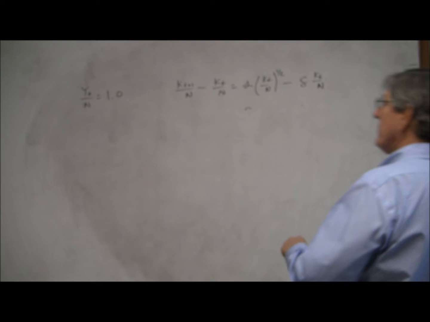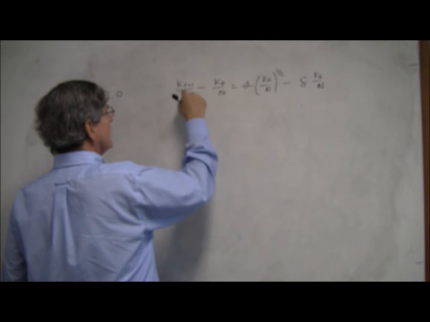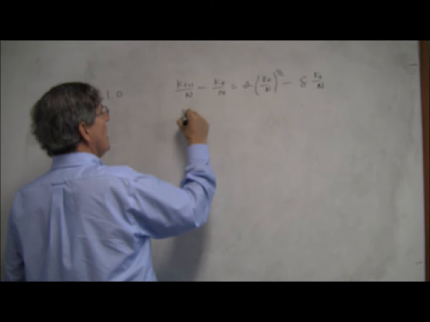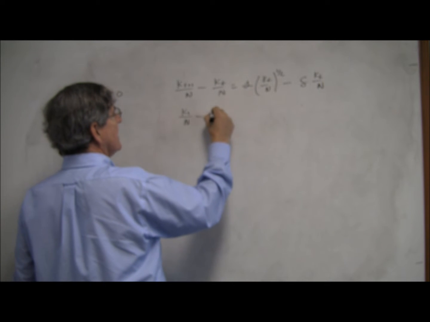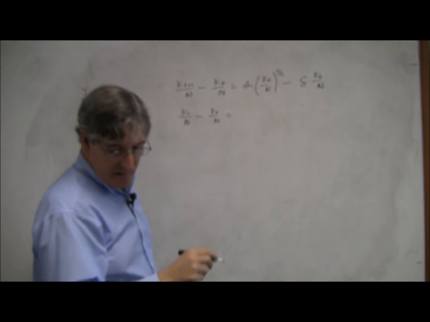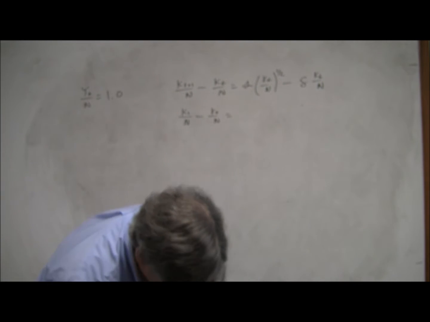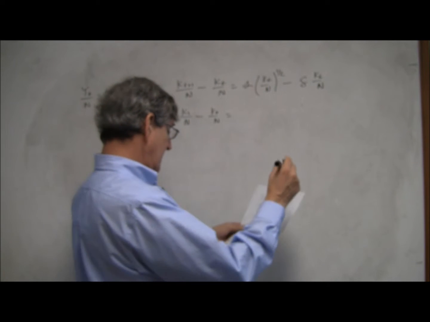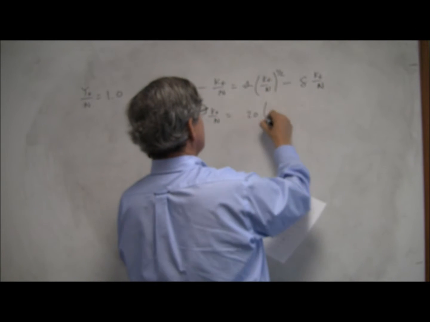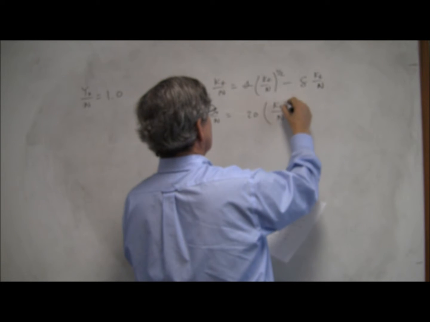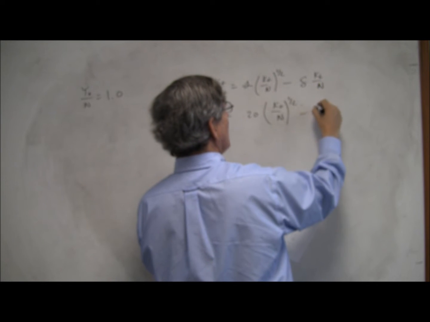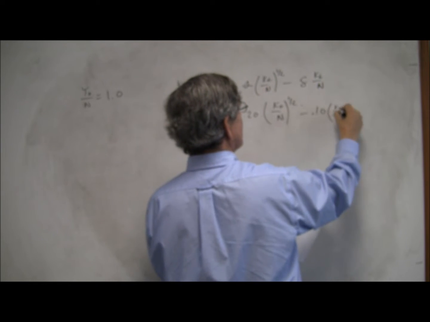So now we can say, when t equals 0, k1 over n minus k0 over n equals, using this formula, 0.20, which is our new savings rate, times k0 over n to the 1/2 minus 0.10, the depreciation rate, times k0 over n.